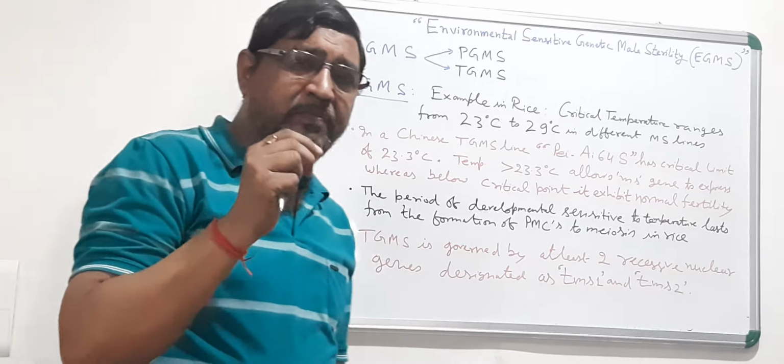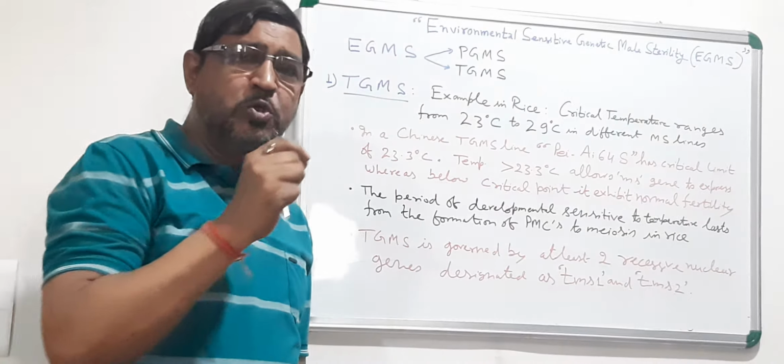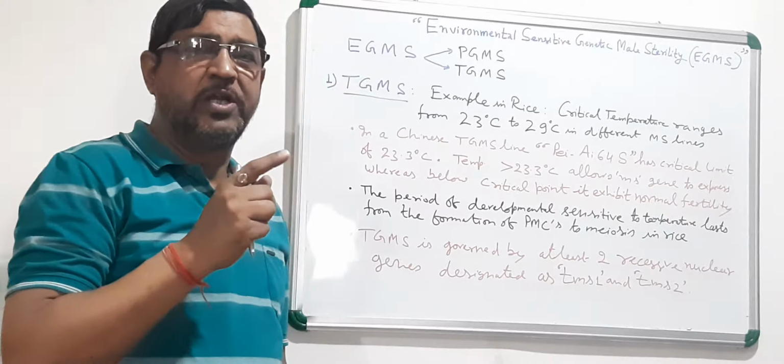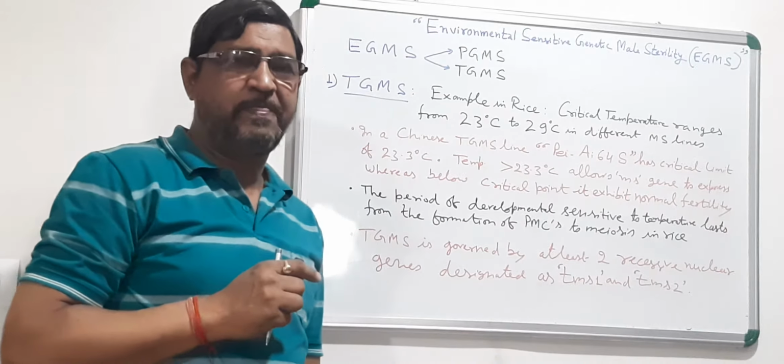When that male sterile gene is being influenced by the photoperiod, then that EGMS is known as photoperiod sensitive genetic male sterility.